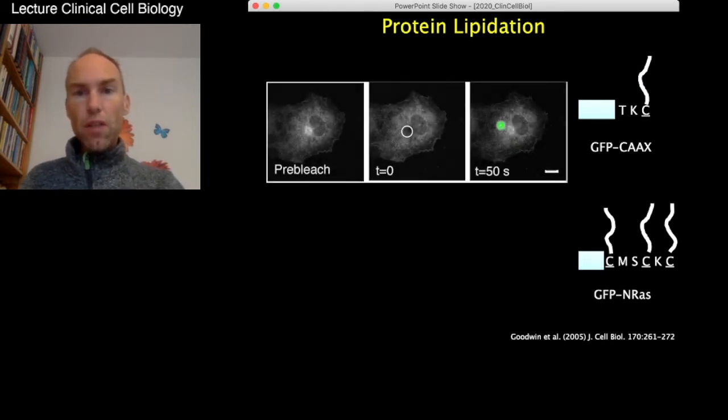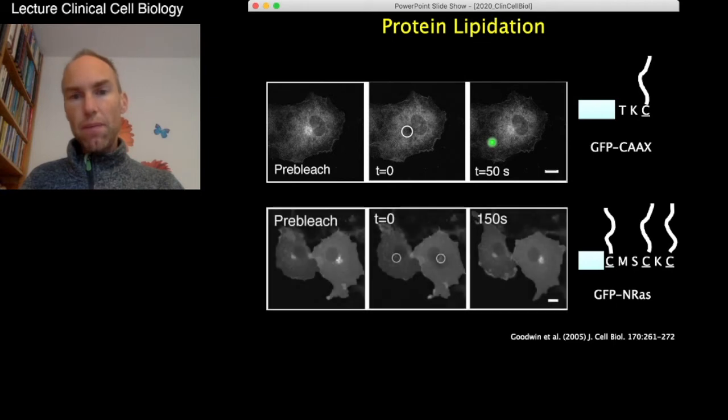Now here we see the localization of the CAAX GFP, and here the localization of the GFP tagged with NRAS. And there are quite some differences. There are also some similarities. So in both you see this fluorescent blob near the nucleus. You also see it over here.